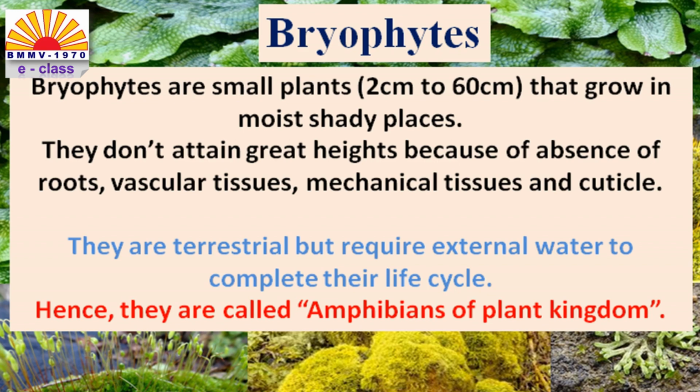They are not big plants, as I said, but they will lack roots, vascular tissues, mechanical tissues and cuticle. Now roots, vascular tissues, mechanical tissues and cuticle are the characteristic features of higher plants. That is why bryophytes are grouped as lower plants.